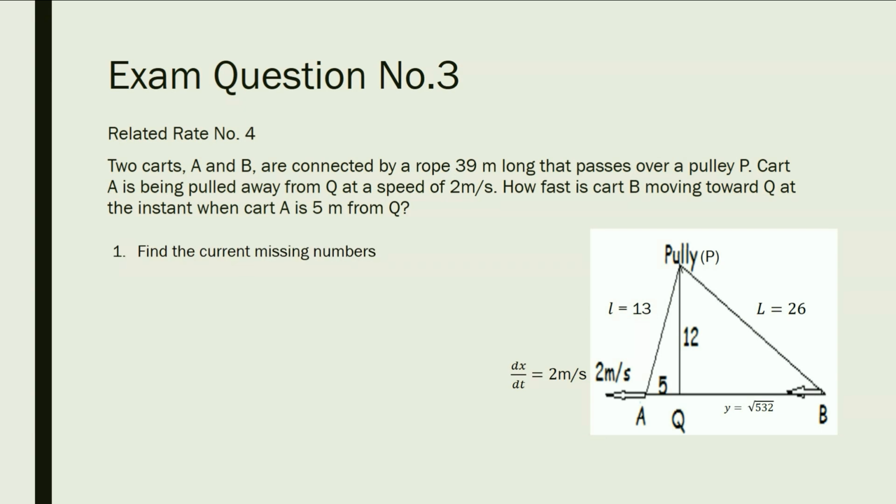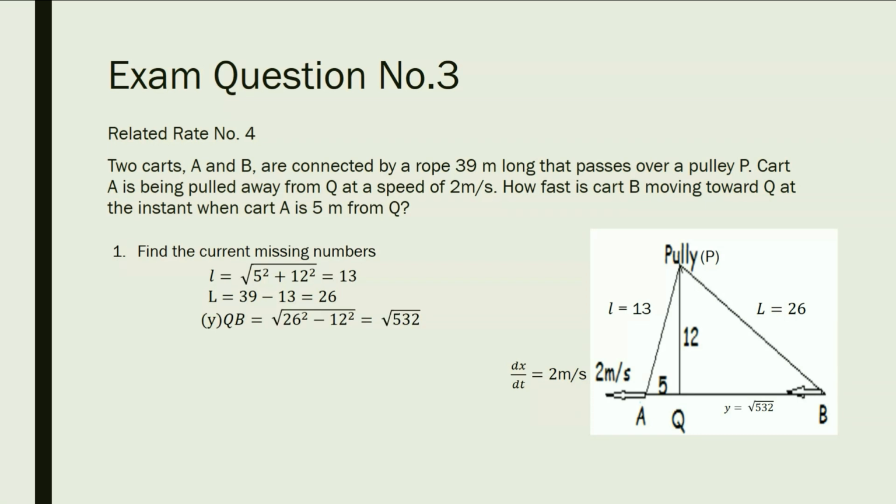First, we have to find the missing or required numbers at the instant when cart A is 5 meters from Q to solve the problem. Since the height of the pulley is 12 meters and A is 5 meters away from Q, the loop connecting A and P is 13 meters long, and the remaining loop connecting P and B would be 26 meters long.